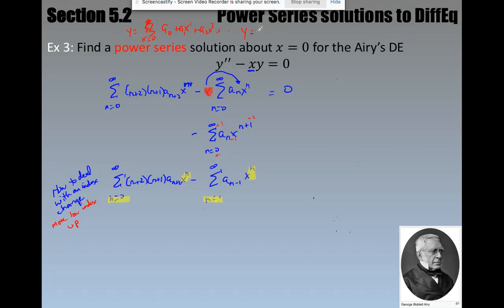I could say y is equal to a to the 0 plus the sum from n equal to 1 to infinity of a to the n, x to the n. So that's what I'm going to do here. I want to get up to n equal to 1, so I'm kind of going to suck out the n equal to 0 term.